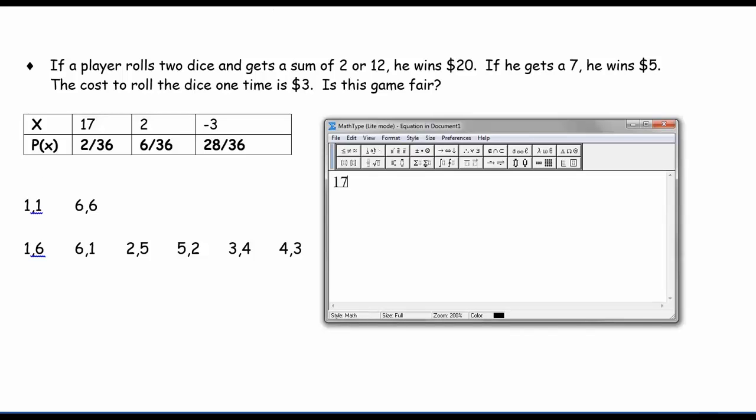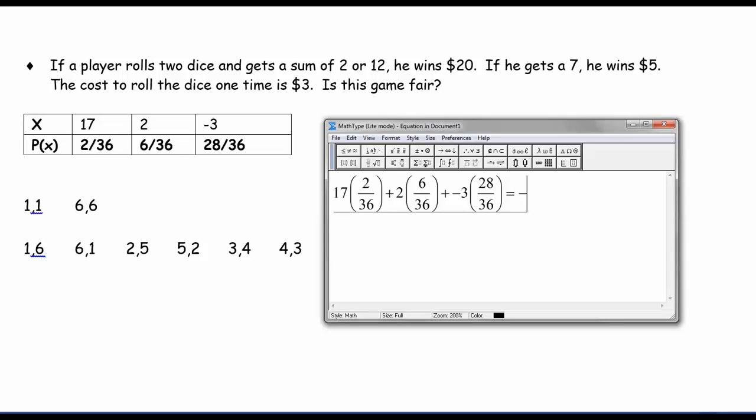We could do 17 times 2 out of 36, and add that to 2 times 6 out of 36, and then negative 3 times the 28 out of 36. And then we can go to the calculator and type that in. It's not that bad, there's just a few numbers.